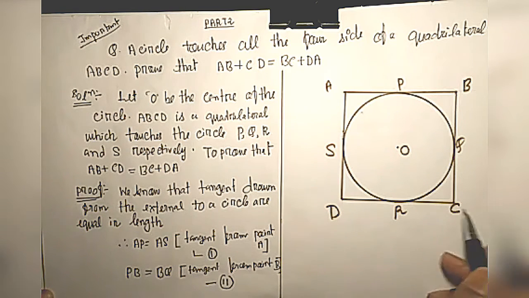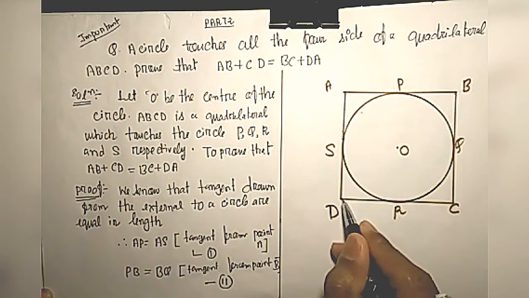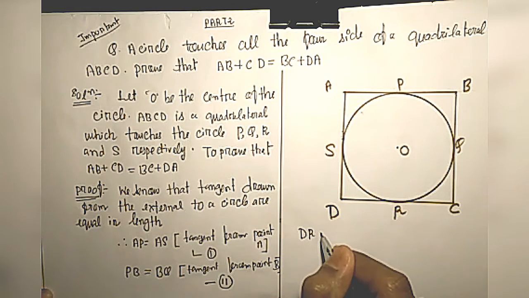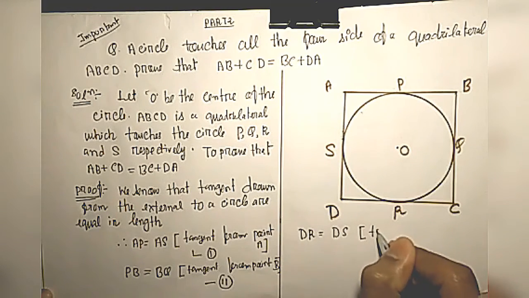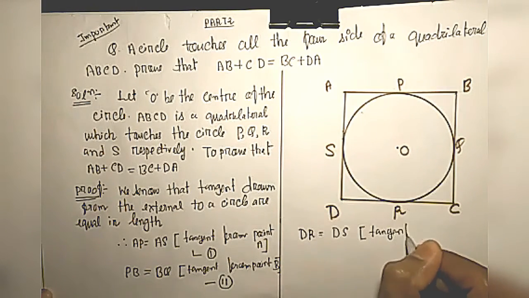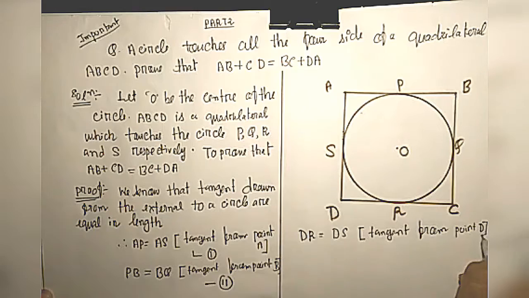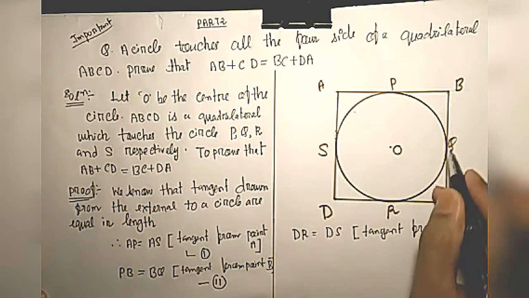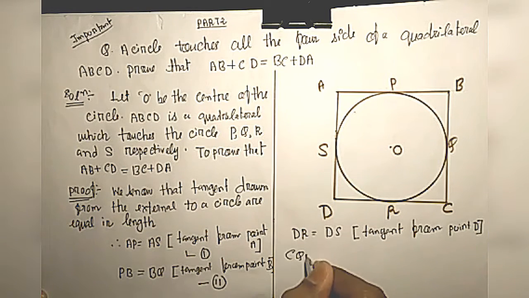Similarly, from the point D, DR and DS are the two tangents. So DR equals DS, tangents drawn from the point D. Give it equation 3. Similarly from C, CR and CQ are the two tangents.